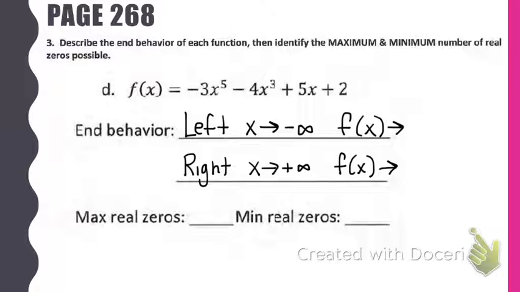And you're looking for your highest power. That answers all of the questions. So that would be this negative 3x to the 5th. Go ahead and try to answer all 4 parts.